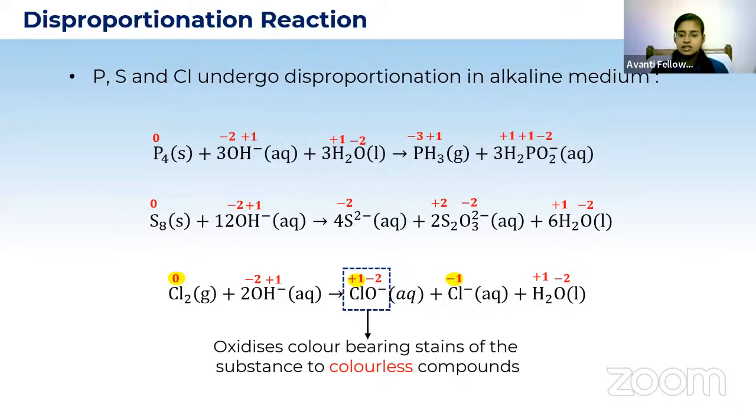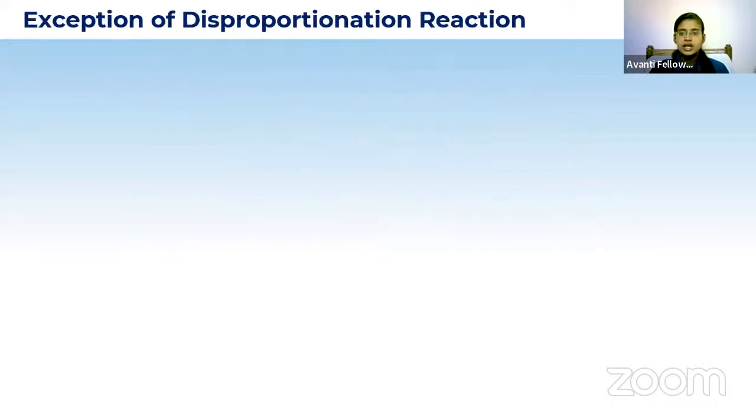Thank you, Nandini. So let's go ahead with the exceptional cases of disproportionation reaction. Take fluorine, which reacts with alkali. Alkali means OH minus.